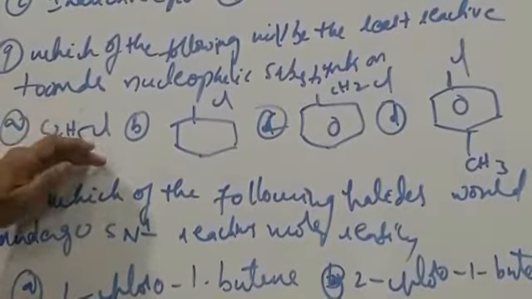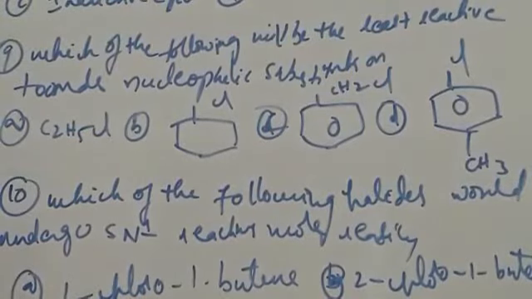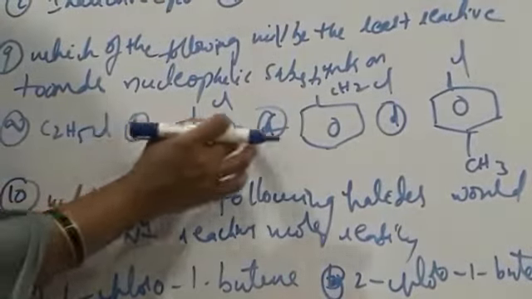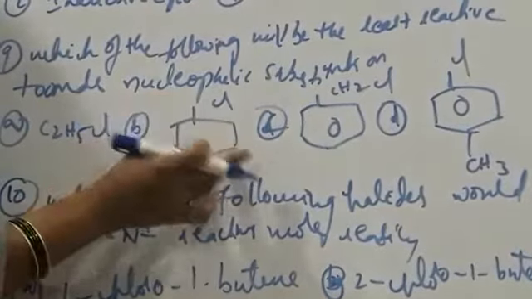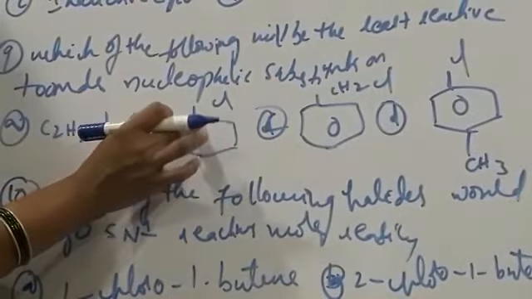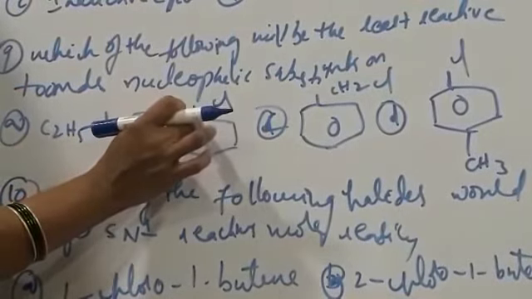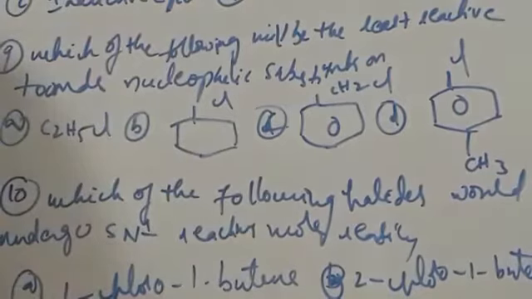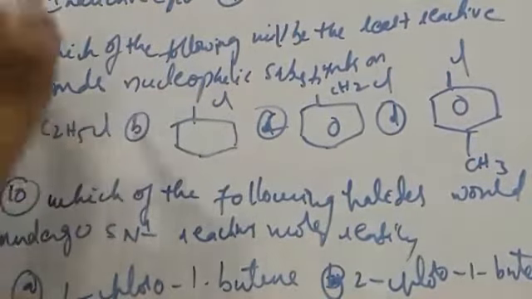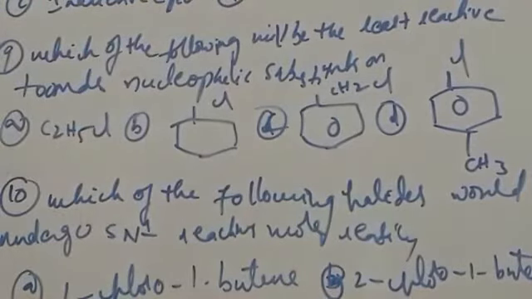So it is more favorable towards the SN1 reaction, so more reactive towards nucleophilic substitution reactions. Okay. Then here cyclohexane is linked with a halogen atom. In cyclohexane also, the carbon atom undergoes sp3 hybridization. So that's why it is also more reactive towards nucleophilic substitution reaction.